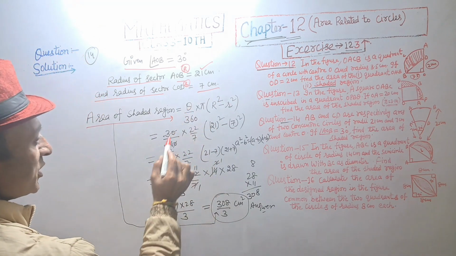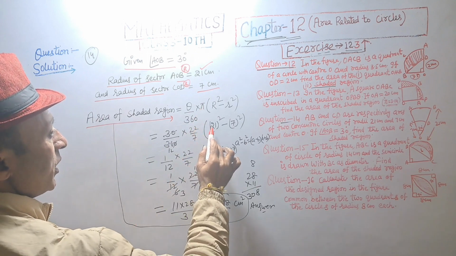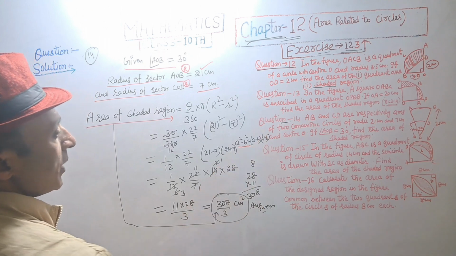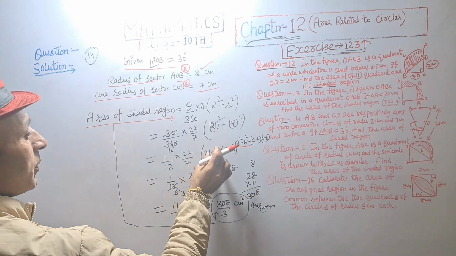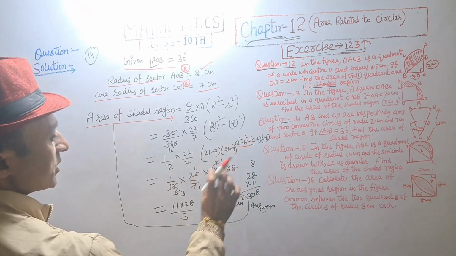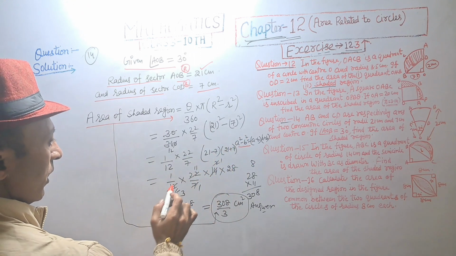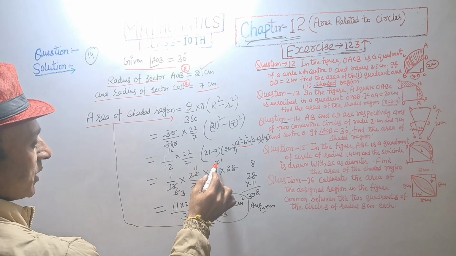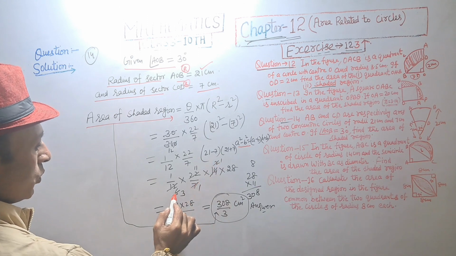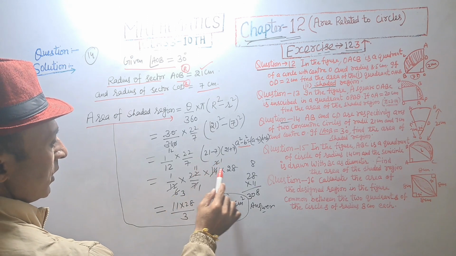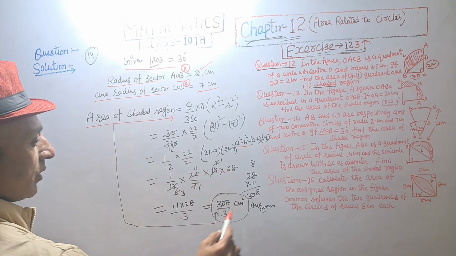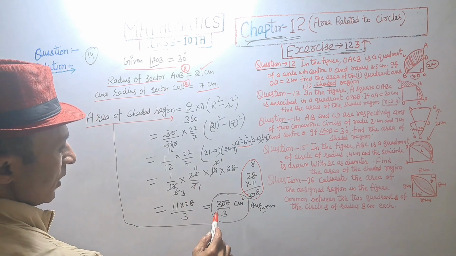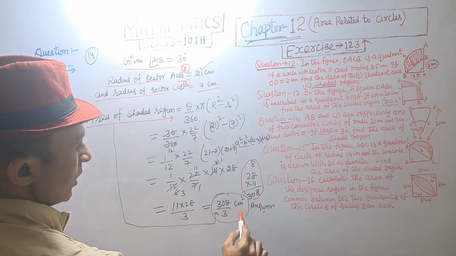Angle is 30 upon 360 into pi 22 upon 7, 21 square minus 7 square, that is a square minus b square equal to a minus b into a plus b, and 21 minus 7 is equal to 14 and 21 plus 7 equal to 28. 6 2s are 12, 11 2s are 22, 7 1s are 7, 7 2s are 14, 2 1s are 2, 2 3s are 6, and multiplying 28 and 11 we get 308, divided by 3, 308 upon 3 centimeter square. Answer.